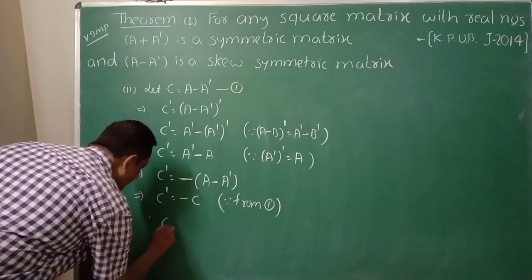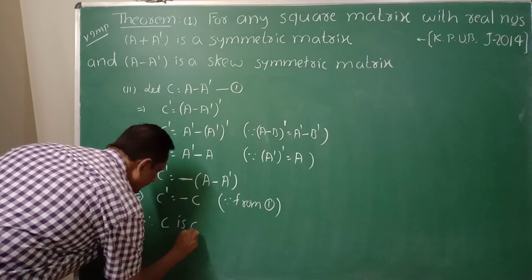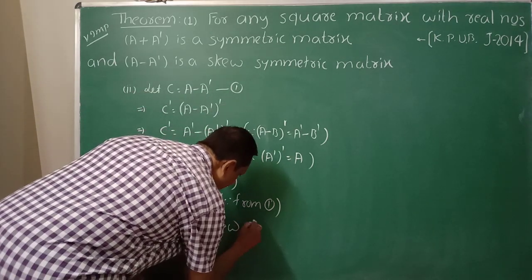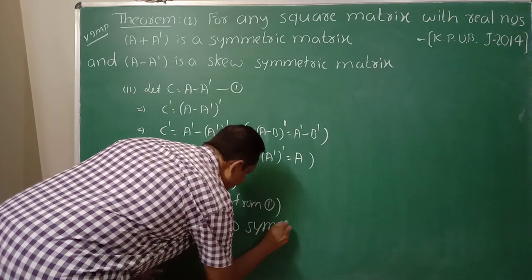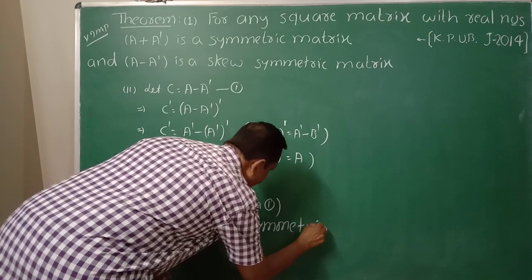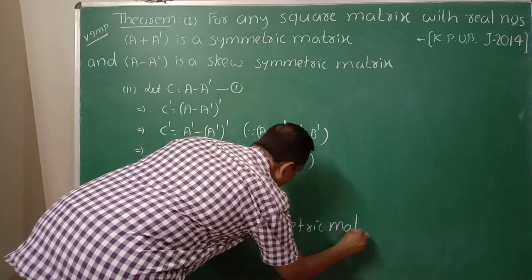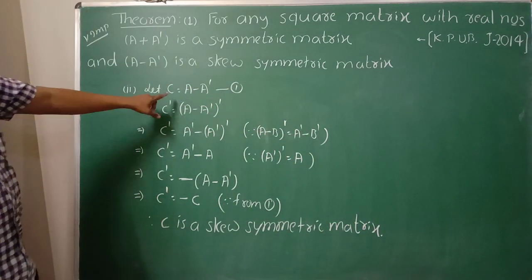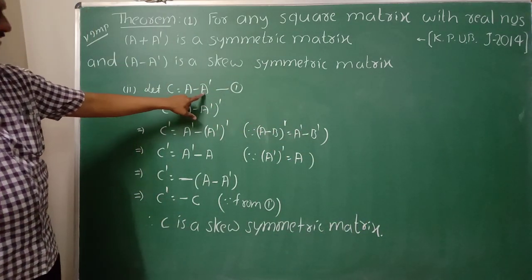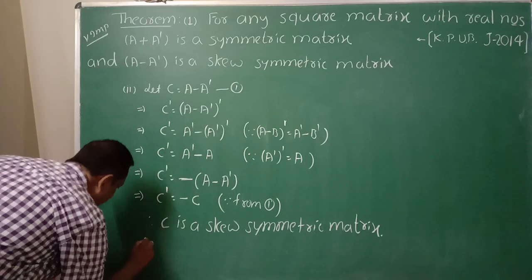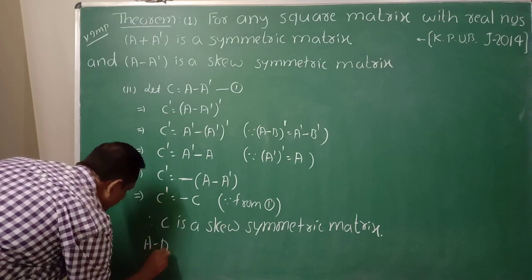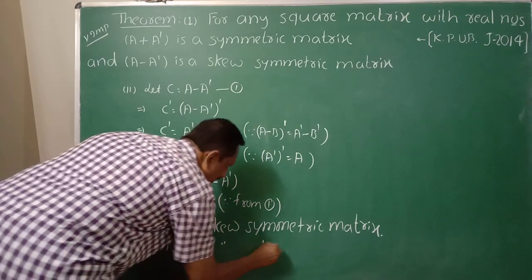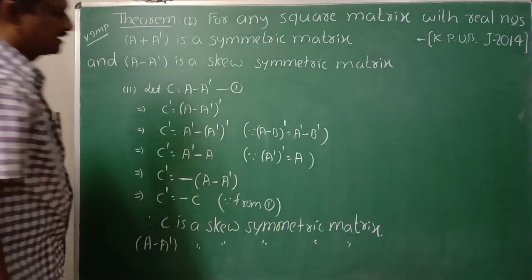Therefore C is a skew symmetric matrix. What is C here? C is A minus A dash. Hence A minus A dash is a skew symmetric matrix.